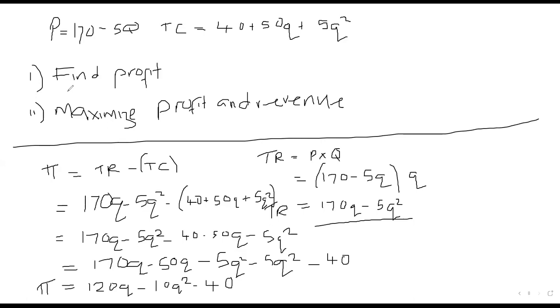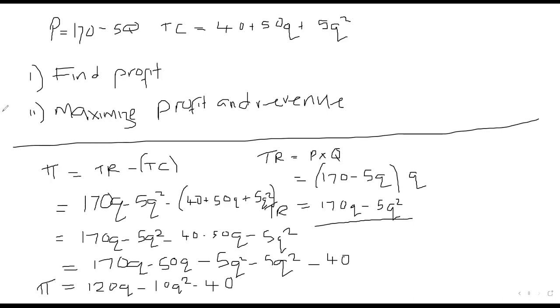Now we go to finding or maximizing profit. I said anything equated to 0, if it's differentiated, we can say we are maximizing or minimizing. So how do we maximize our profit?